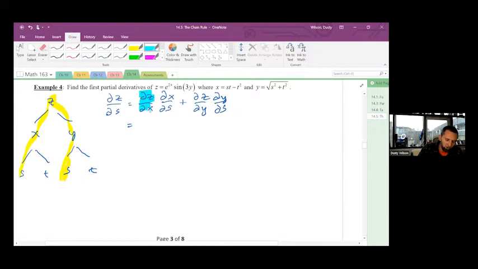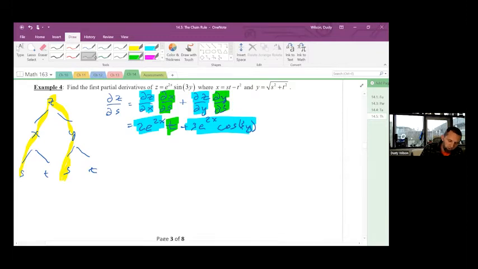So again, just using two colors, partial of z with respect to x will be 2e to the 2x times the partial of x with respect to s, which is just t, plus partial of z with respect to y will be 3e to the 2x cosine 3y times the partial of y with respect to s, which looks like it's going to be s over the square root of s squared plus t squared.